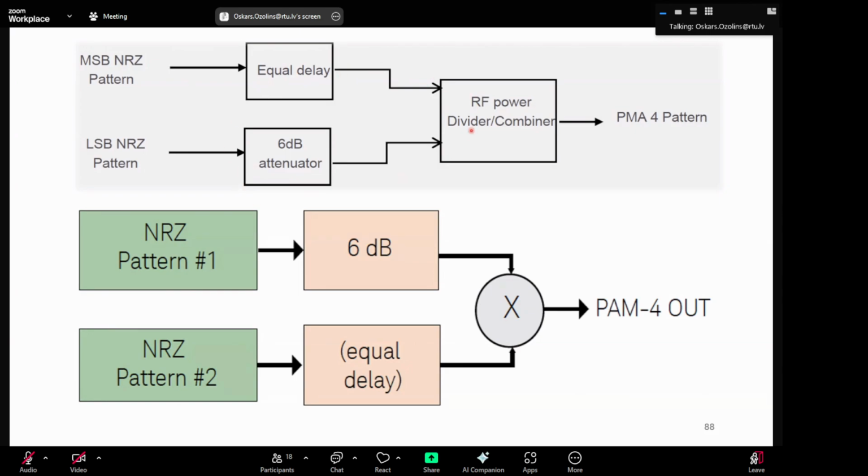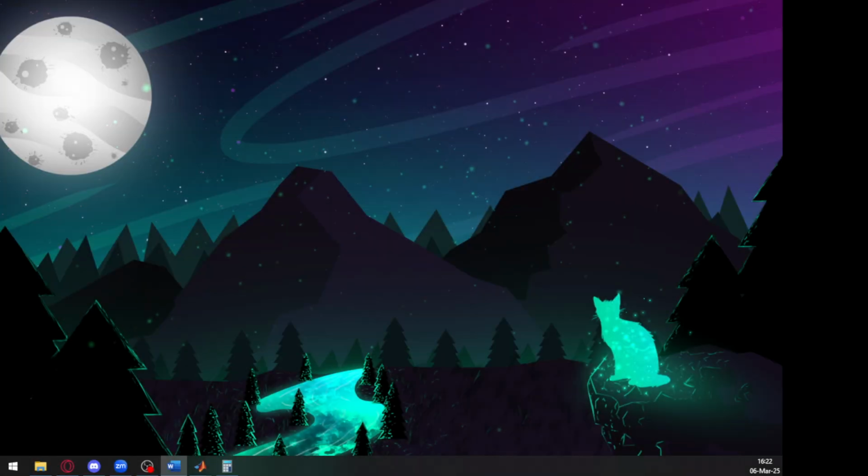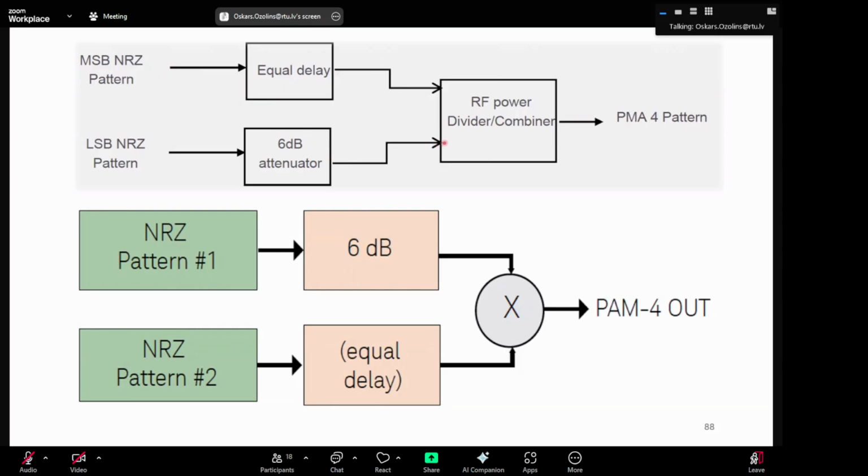If you want to do it at very high speed, the problem is that you need to have connections here, and if these are separate components and you use RF cables in between, then you will have RF loss, and at very high speeds this is not a preferable option for generating PAM4.